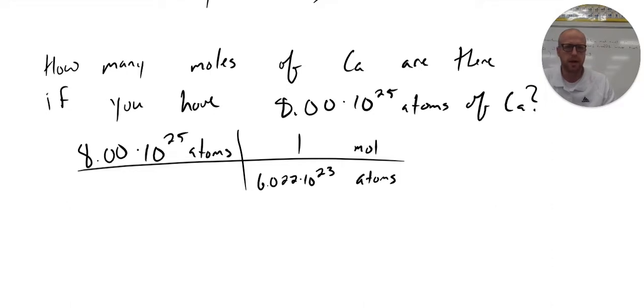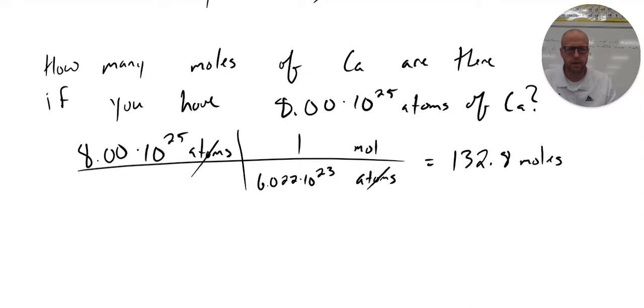So my atoms cancel out. And now I finish. I have 8 times 10 to the 25th times 1, divided by 6.022 times 10 to the 23rd, which comes out to be 132.8 moles.